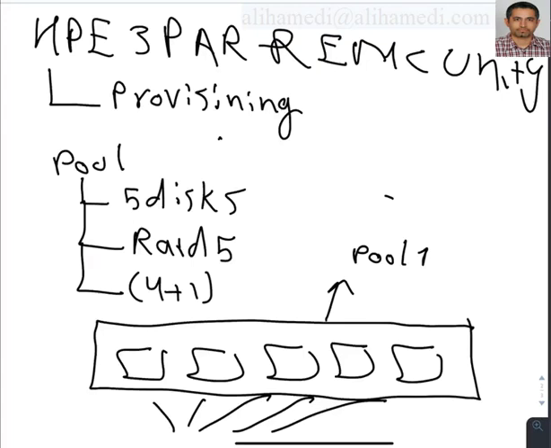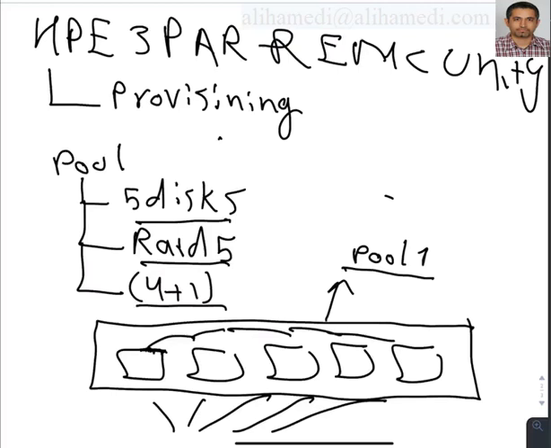So as long as the pool is live and this relation between the members exists, we can't use these disks for other data outside the pool. So if we want to create a LUN inside the pool, these disks will be shared in distribution, as I mentioned previously, in the pool.